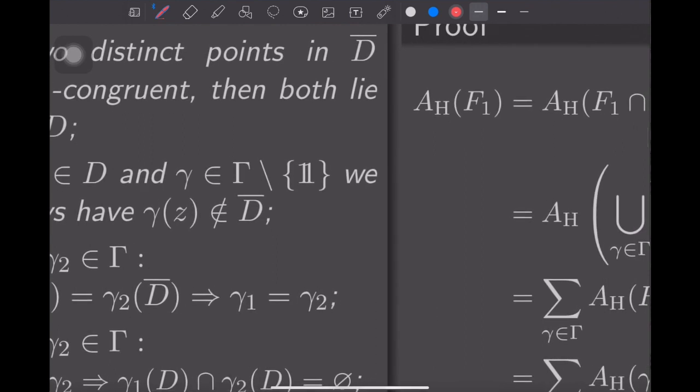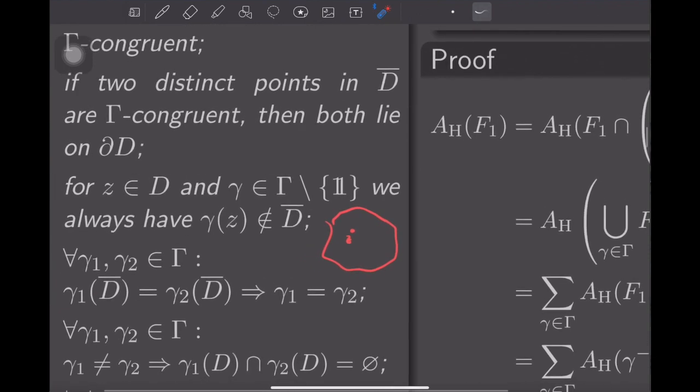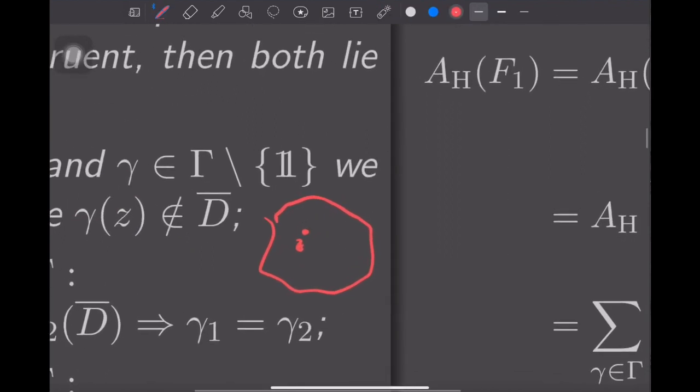So let's say that I have somehow D there, and I have Z, and then I know that if I take gamma different from the identity, gamma of Z is not in D, but let's say that it's in D bar. So it would be really in the boundary.